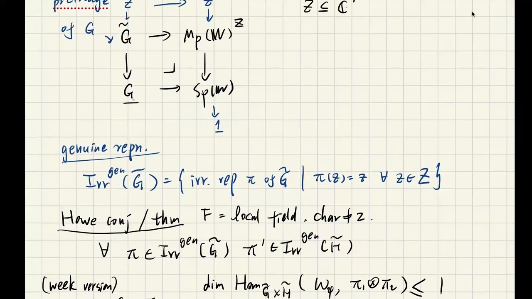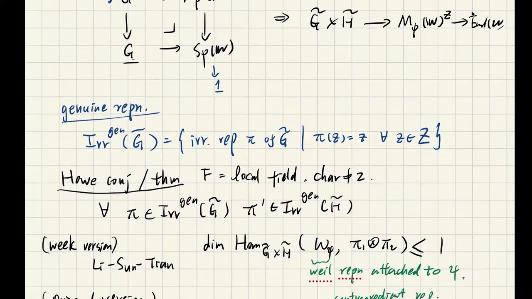Okay, so basically in this setting, we have G tilde cross H tilde. This is not an embedding, because the centers will map to the same element, the same set. So into MPWC, and this will map to the endomorphism of the Weil representation. So you can pull back the Weil representation to view it as a G tilde cross H tilde representation.